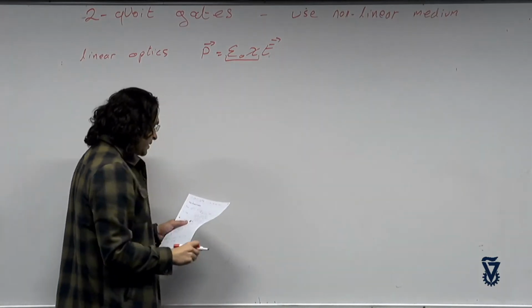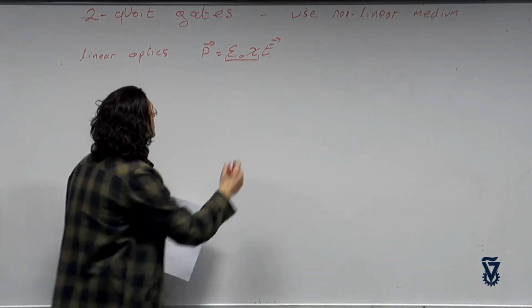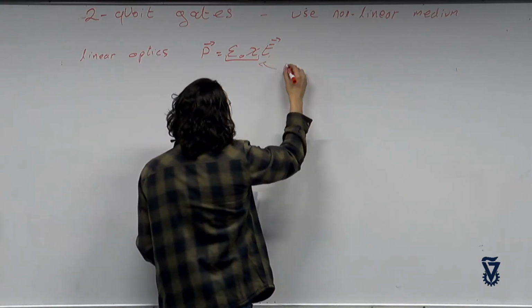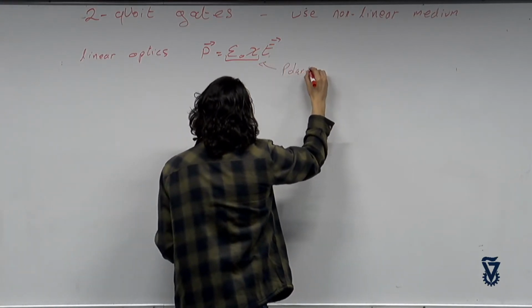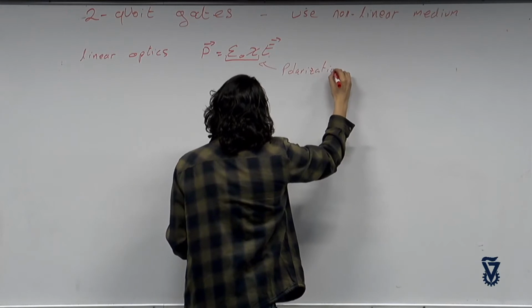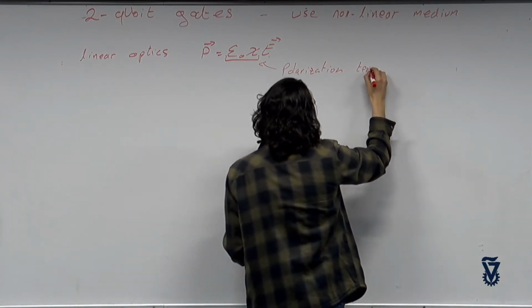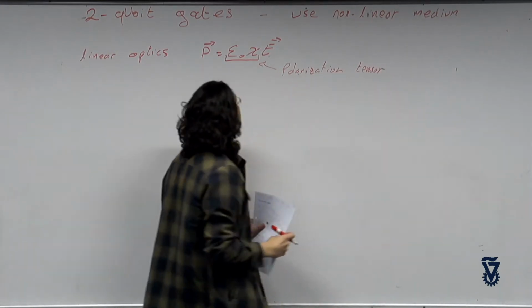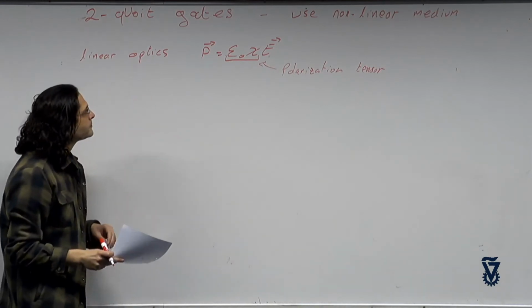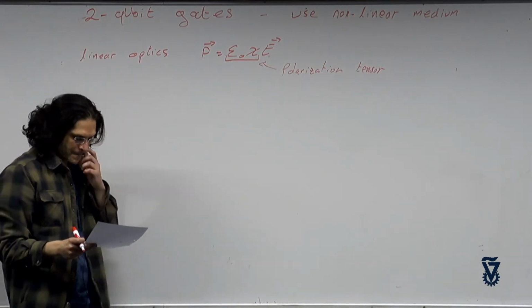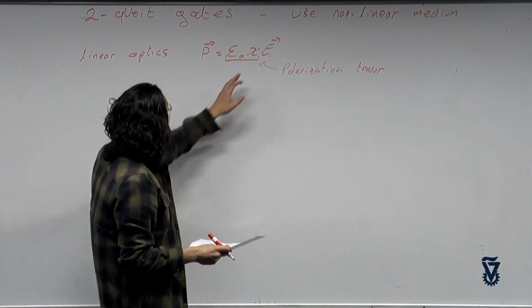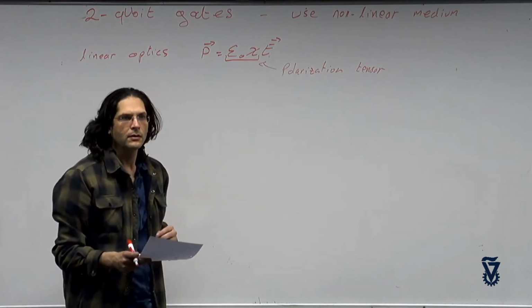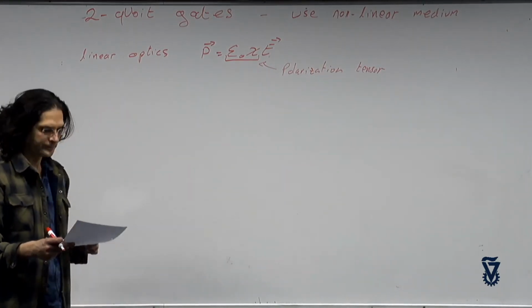And this thing over here, this is called in general the polarization tensor. And for linear optics, this can be just a simple number.